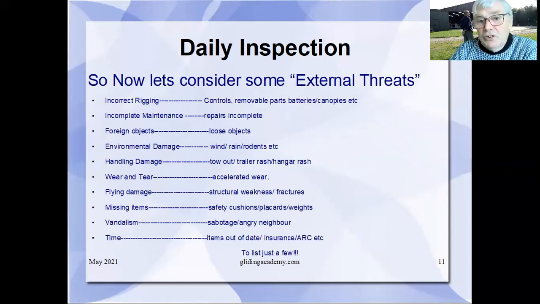So external threats, this looks like rather a long list, but if you think about the sorts of things that can go wrong with your glider, they can be it's not correctly rigged, it has had maintenance partially completed but not fully completed, and of course in the voluntary world of gliding that's perfectly possible.